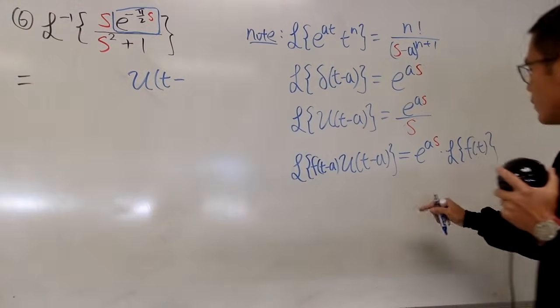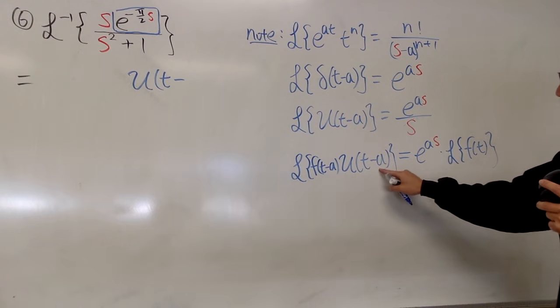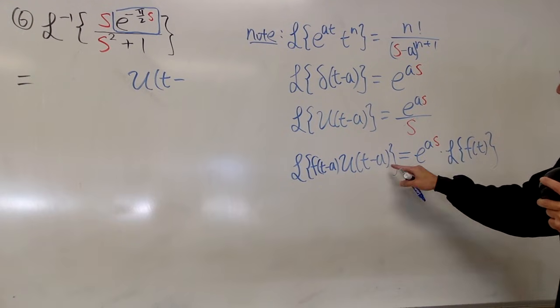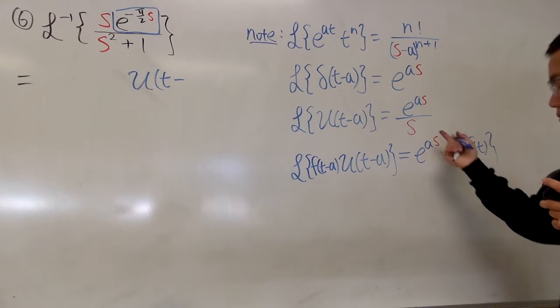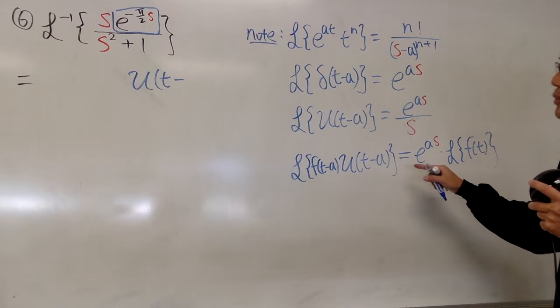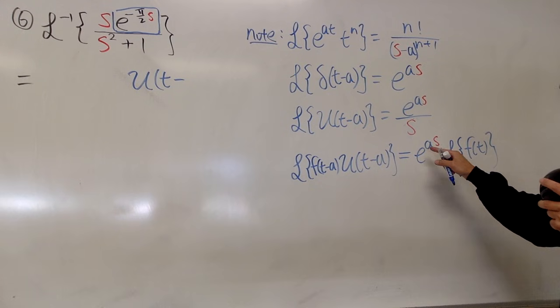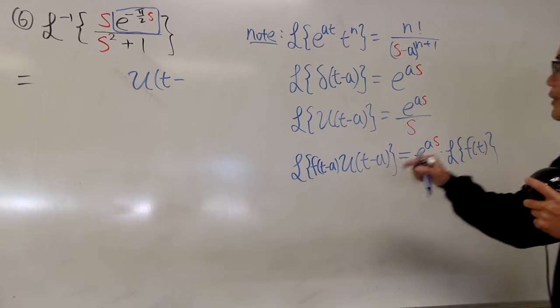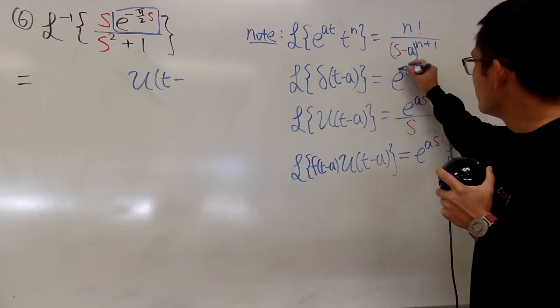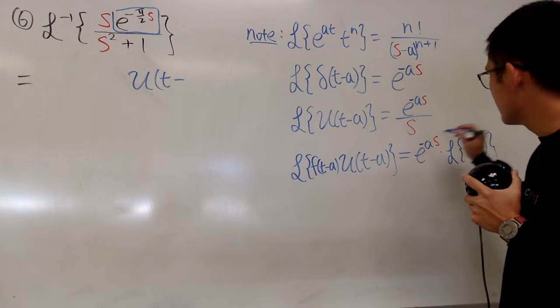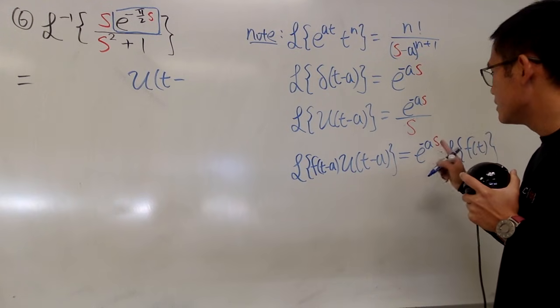Actually, be really careful. Is this a and that a match, right? Whatever you see, you just do t minus. No, sorry. This right here is meant to be negative as, I believe. Negative as. Let me see.